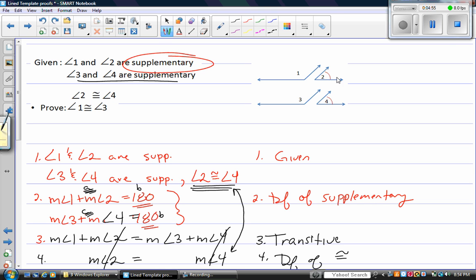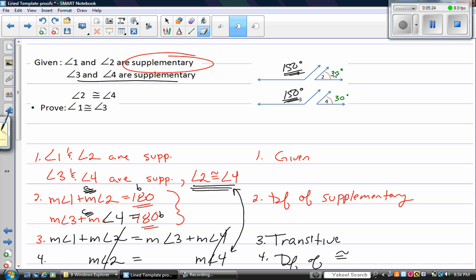If angle 1 and angle 2 are supplementary, and angle 3 and angle 4 are supplementary, say the measure of angle 2 was 30 degrees, and angle 4 then would have to be 30 degrees too, because we know 2 and 4 have to be congruent. Well, that's going to force angle 1 to be 150 degrees, and angle 3 to be 150 degrees. What do you now know about those two measurements? Well, those two measurements are equal, so those angles have to be congruent. So angle 1 would be congruent to angle 3.